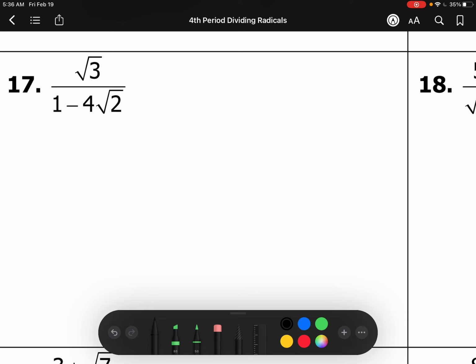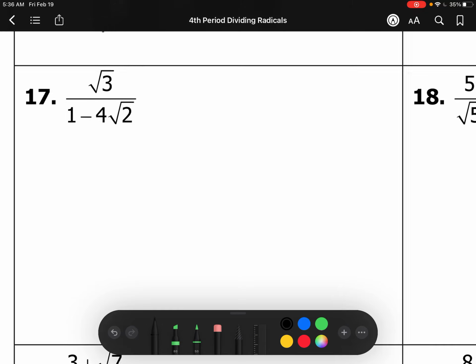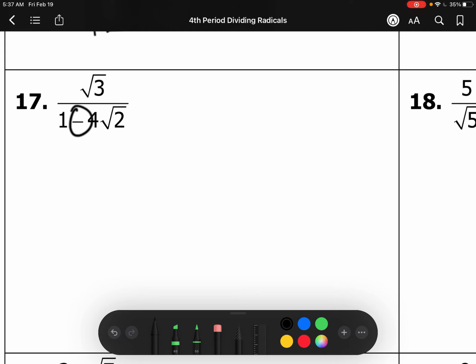So number 17. Again, we have a binomial denominator with a radical, so we need to rationalize the denominator by multiplying by the conjugate. So the conjugate is this is just going to change. Everything else stays the same.